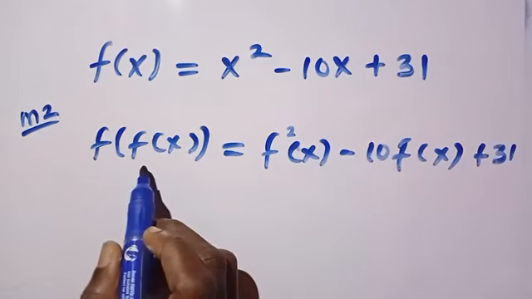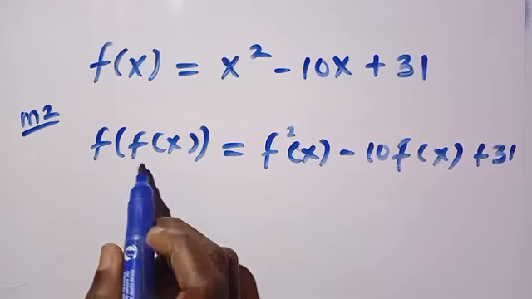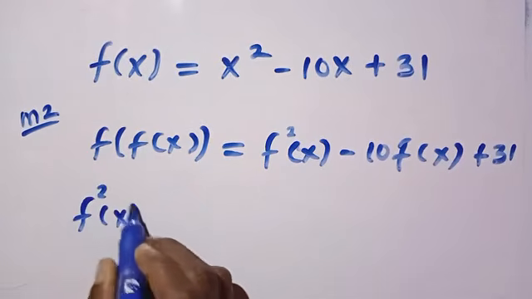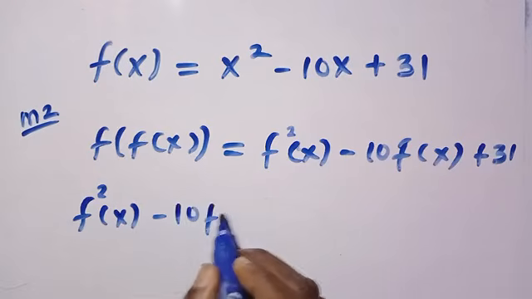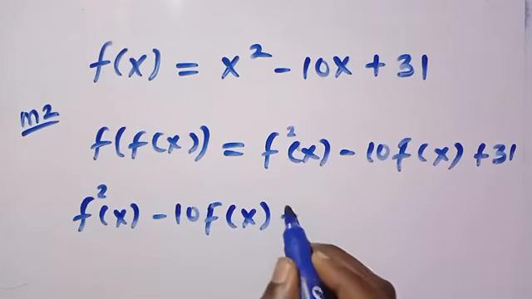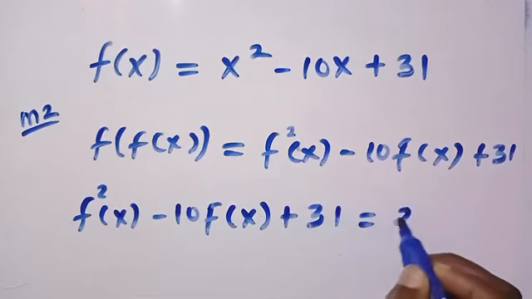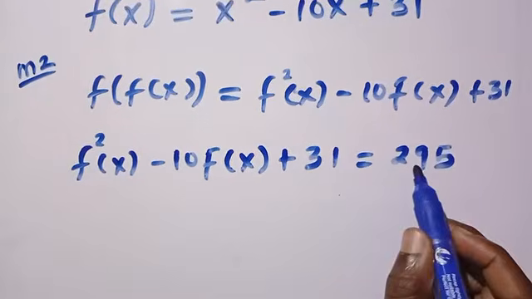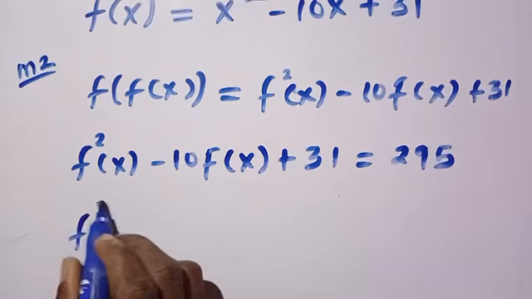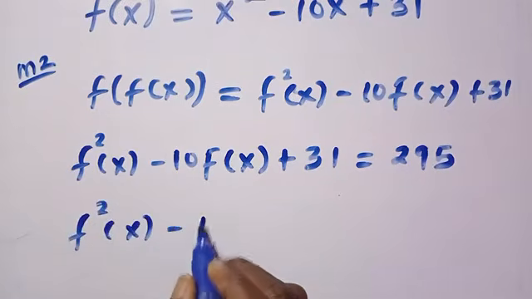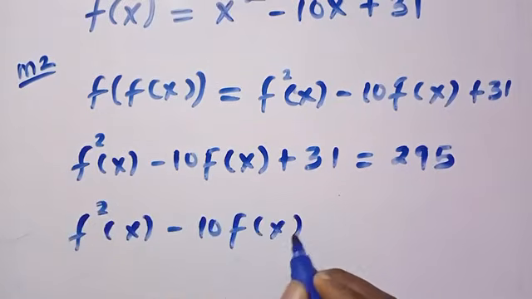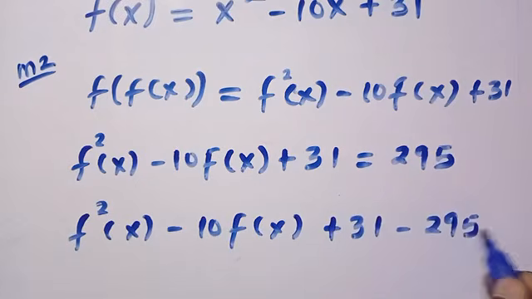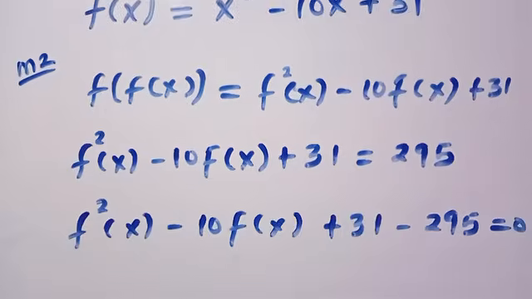Then f of x has been given to be 295. So here we have f squared of x minus 10 f of x plus 31 equals 295. So by taking this to this side, we have f squared of x minus 10 f of x plus 31 minus 295 equals 0.